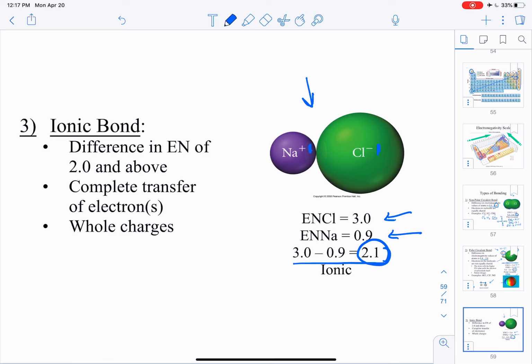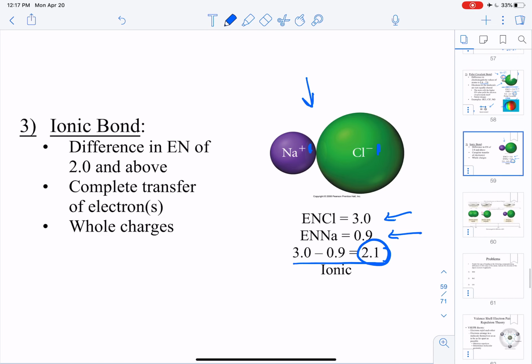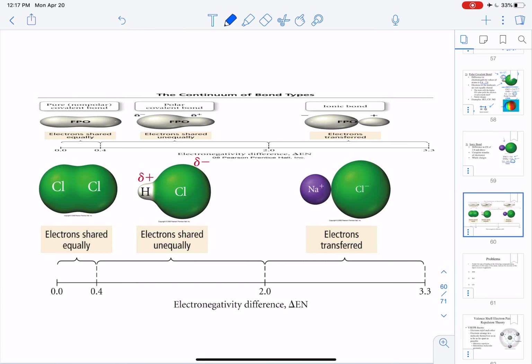Now, if you weren't listening to the last few slides, here it is in picture form, and I'm really sorry that the slide messed this up a little bit, but I'm sure you guys can see it on your own slides that a pure covalent bond over here is between 0 and 0.4, and then right in here between 0.4 and 2.0, we've got our polar covalent bonds.